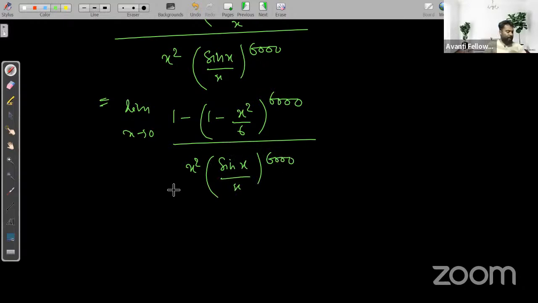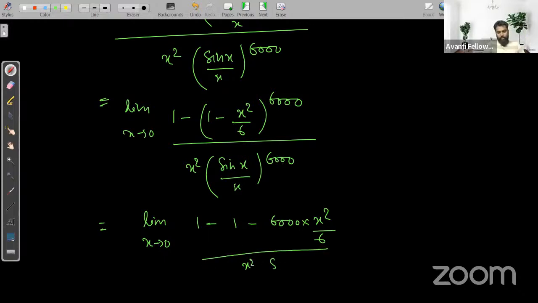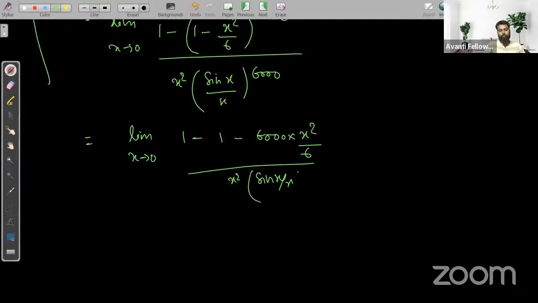Now, if you use the binomial approximation in the numerator, what will you be getting? You will be getting the limit as x tends to 0 of 1 minus (1 minus 6000 times x square upon 6), and it will be 1, right? So this will be x square into (sin x divided by x)^6000, right?